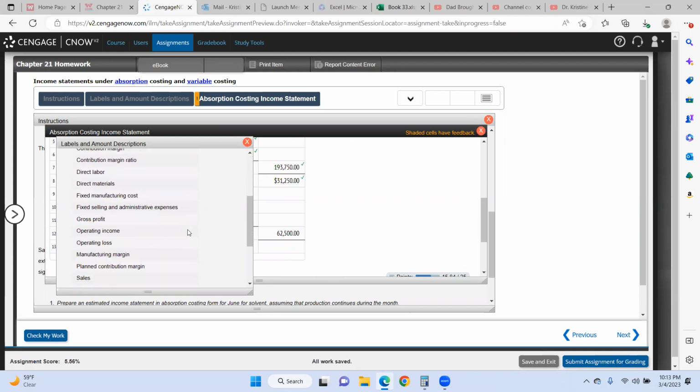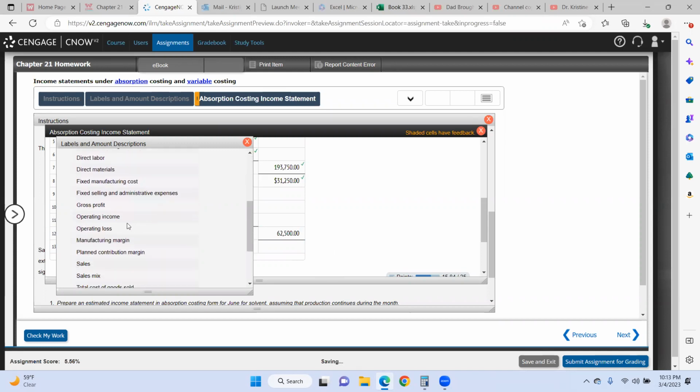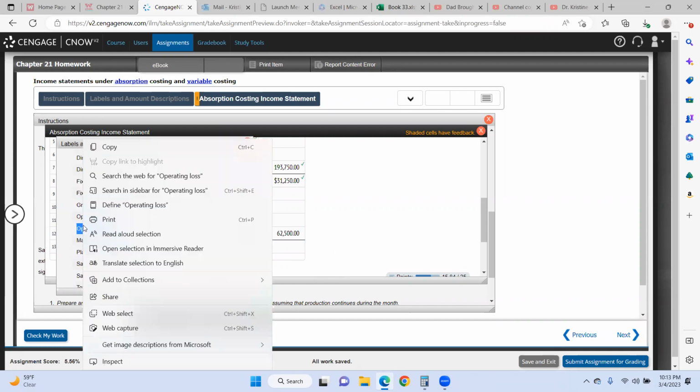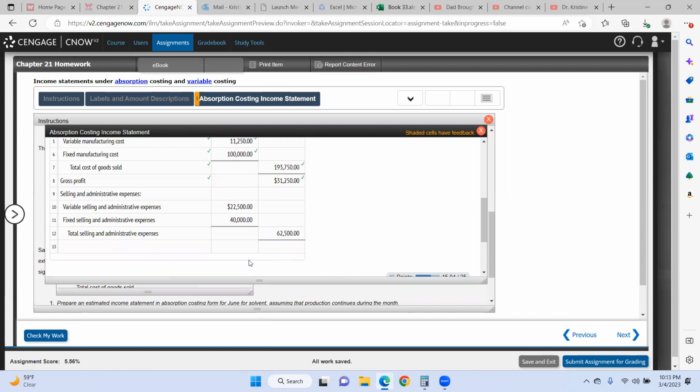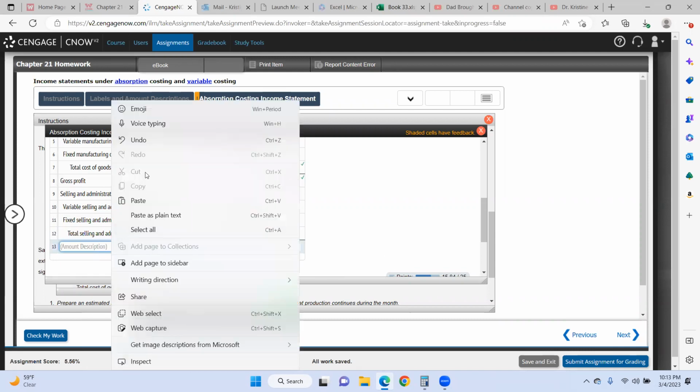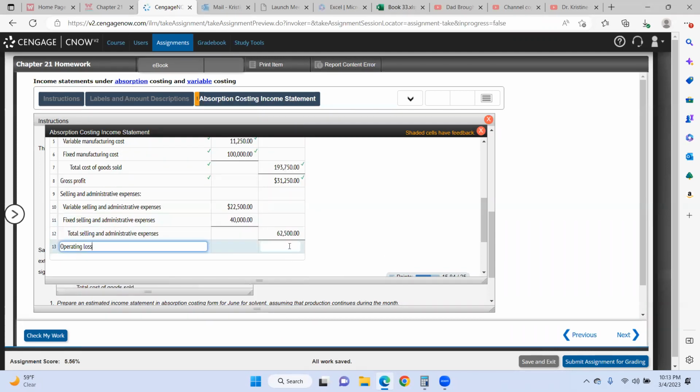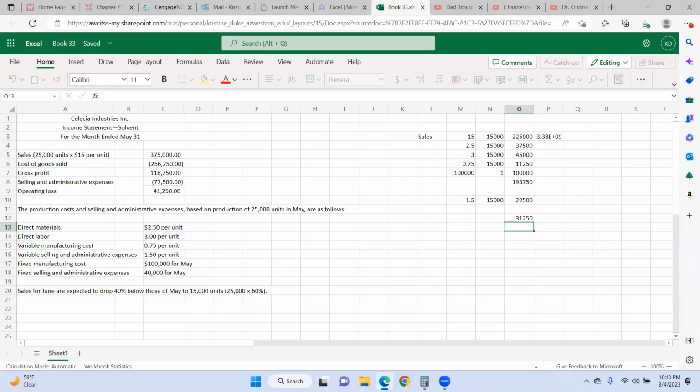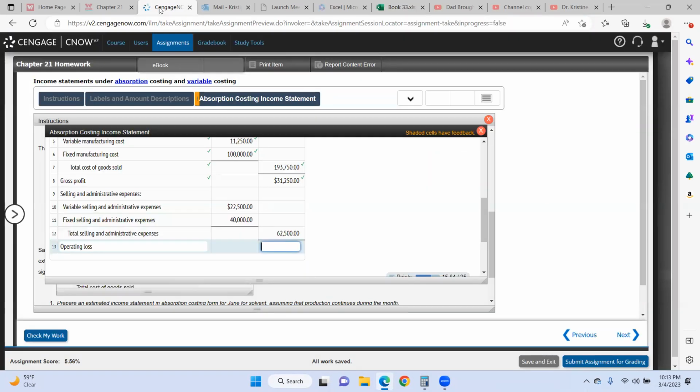Not descriptions. We'll just use operating. I was looking for net, but that's okay. And we're going to need to make this a negative when we get done with it. Okay, 31,250. I'm going to come over here to my handy dandy Excel because it makes me happy. So we got 31,250, and what was the other one? 62,500.